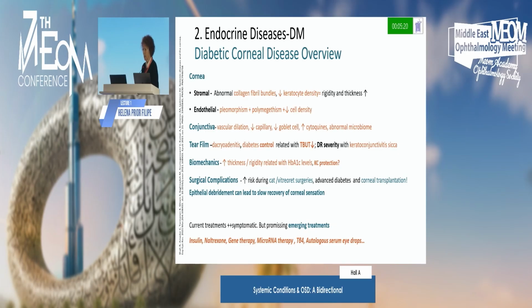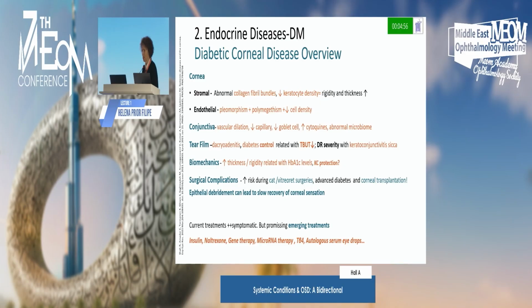Starting with the cornea, collagen fibril bundles are abnormal and keratinocyte density is decreased, while on the counterpart, the rigidity and thickness might be increased. And this is interesting because investigators started to think, well, what about keratoconus in these patients?